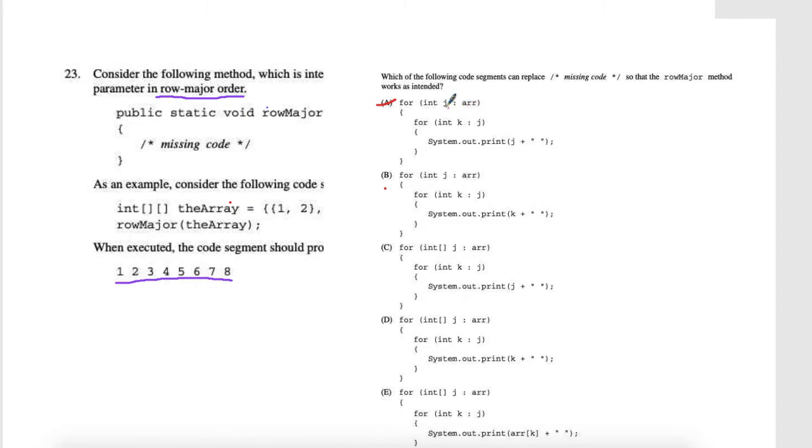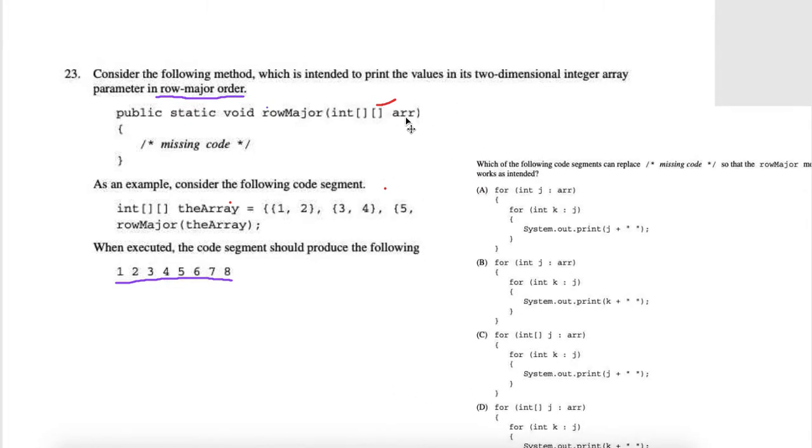because R does not contain ints. Okay, so this says that we're going to increment through the array R, and each element will be an int. Well, the elements of R are not ints. The elements of R are arrays of ints. It's a very important thing to understand that a two-dimensional array does not contain a data type like ints or strings.